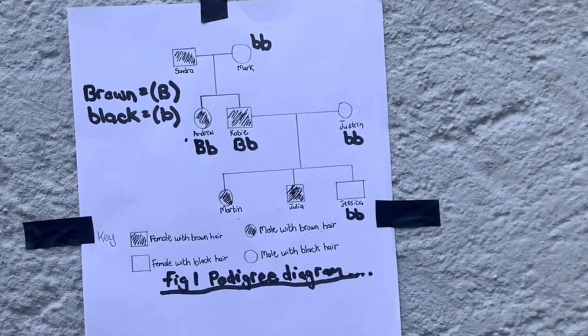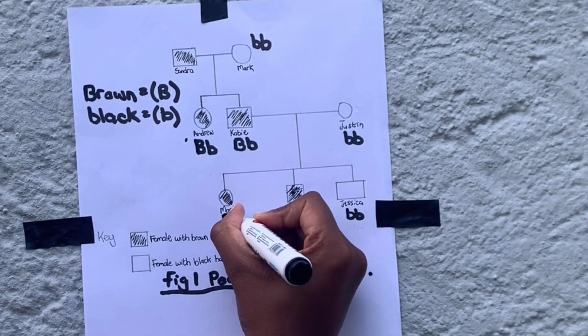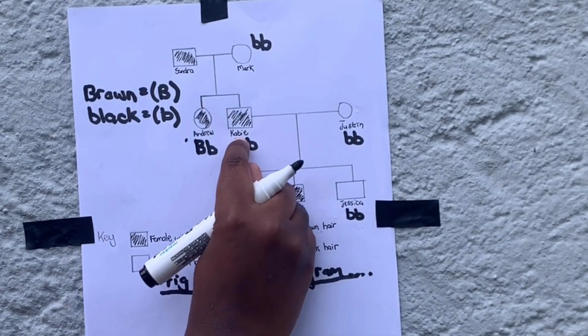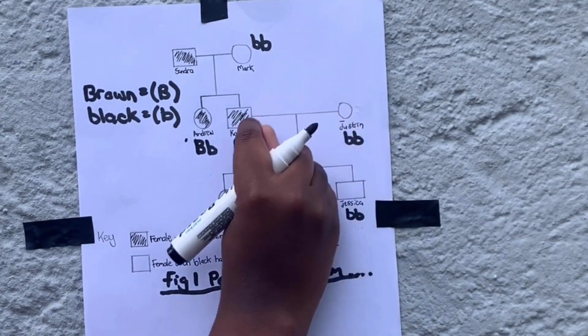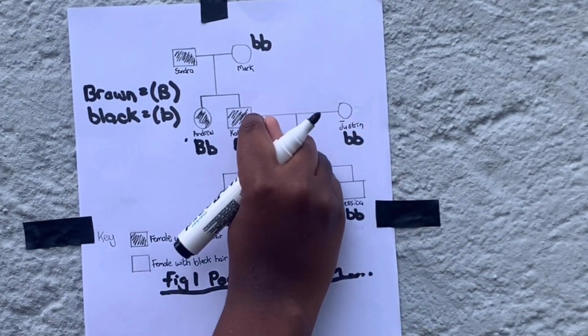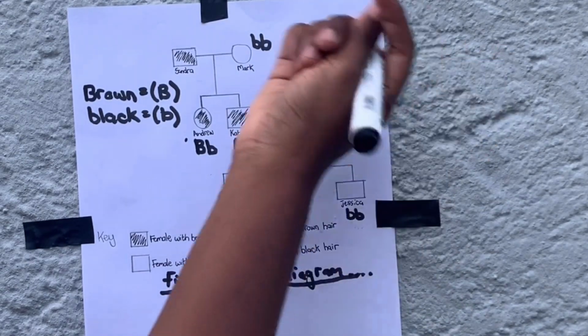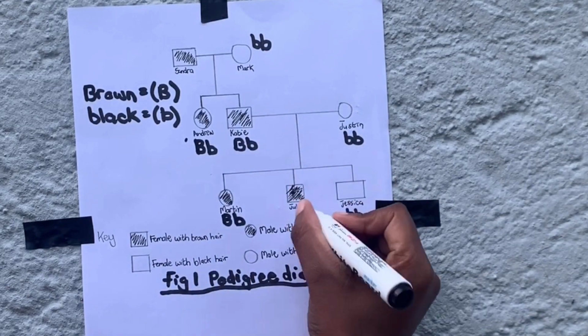They're going to be heterozygous because they do not have another capital B. They only have one, because Katie married Justin. This line shows fertilization, and this is the offspring.